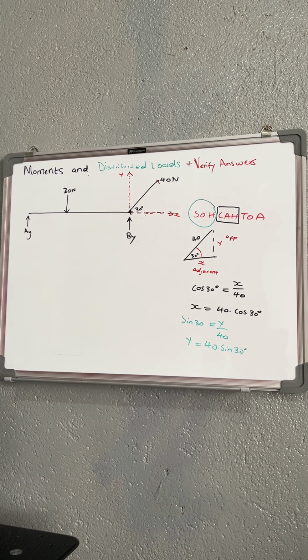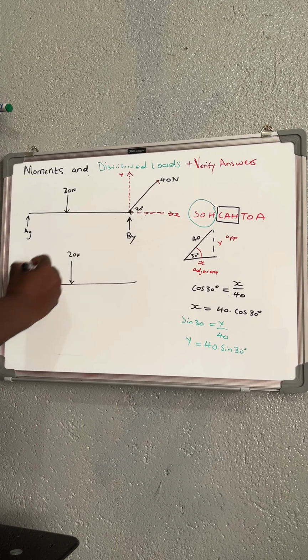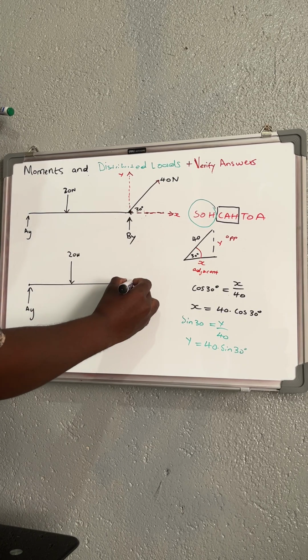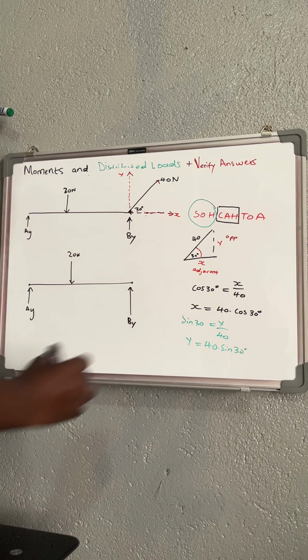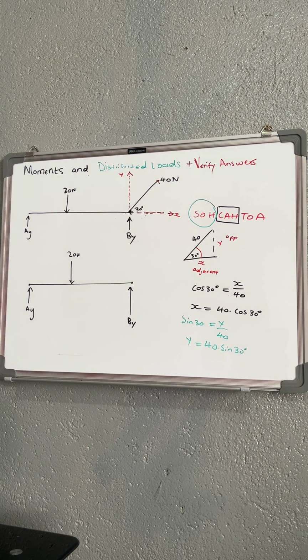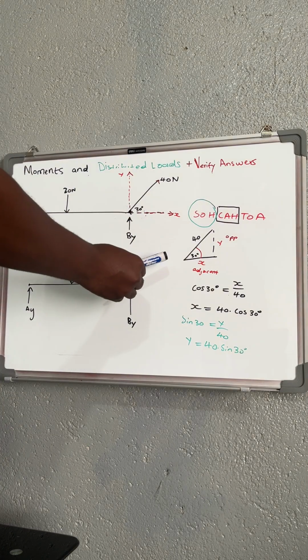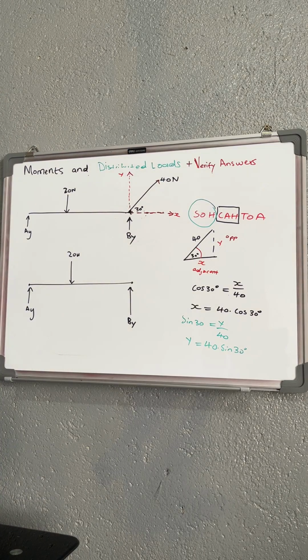So now how is your new free body diagram going to look? Instead of having this, you're going to have a new free body diagram which looks like this. You have your 20 Newton, this side you have your AY. Then here, remember, we've worked out the components to be able to calculate it nicely. We are only working with straight forces like this one and this one. We are not working with forces like that. If you have forces like this one, you work out its components like we did.